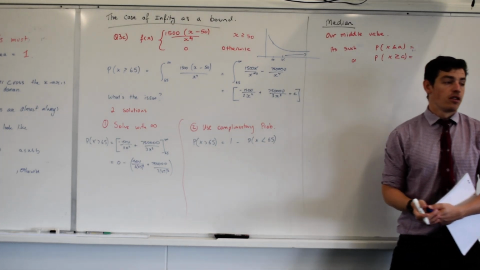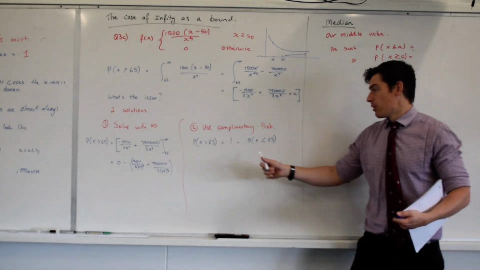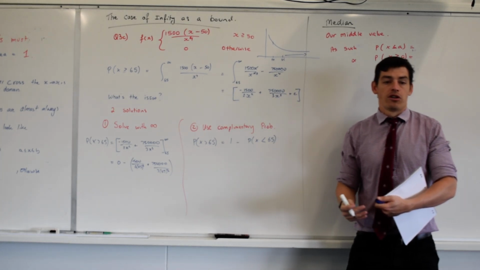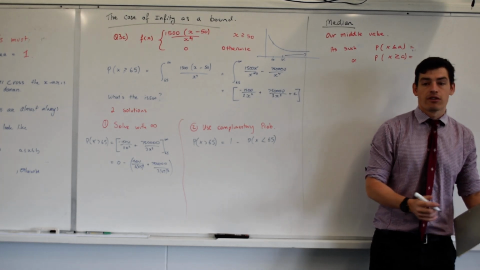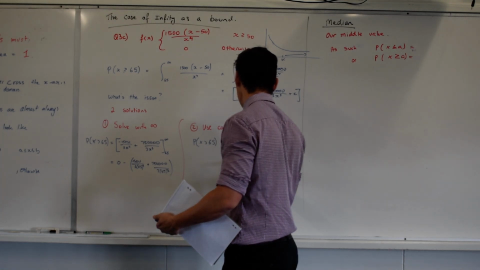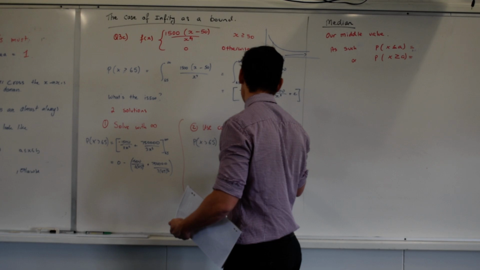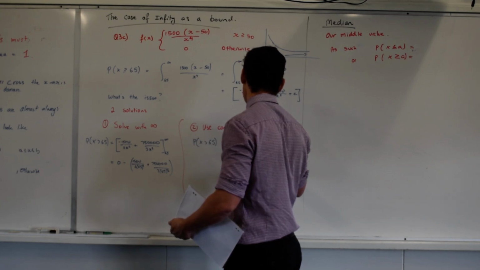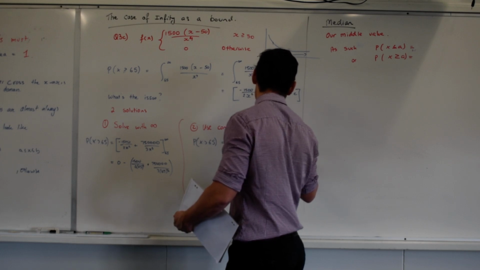If I want to know the probability that I've got a head, it's 1 minus the probability of a tail. If I know the probability that it's greater than 65, it's 1 minus the probability that it's less than 65. Good? Nothing crazy about that. So then I can just go 1 minus the integral from 50 to 65 of my function again. I don't want to really write it all out again, but I'm going to. Tough life, isn't it?